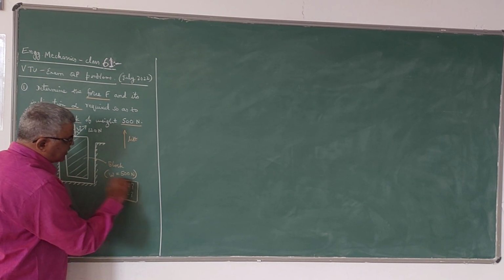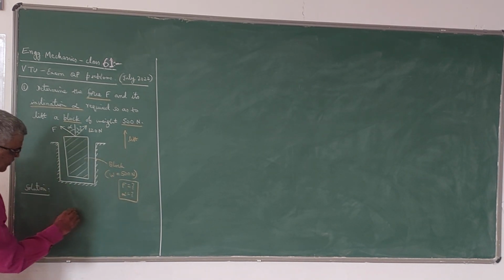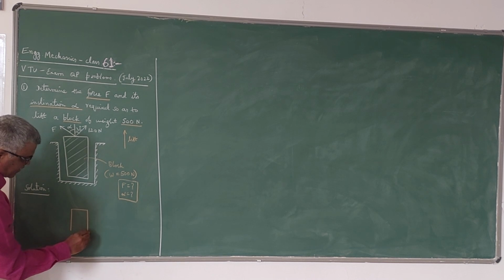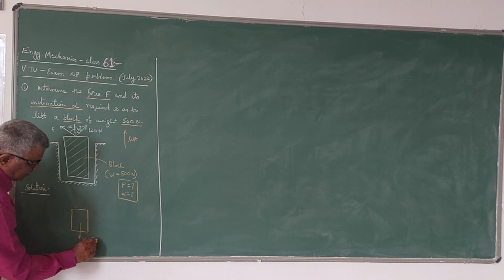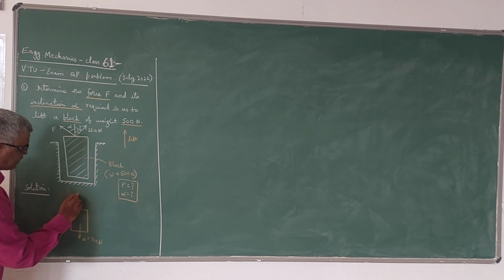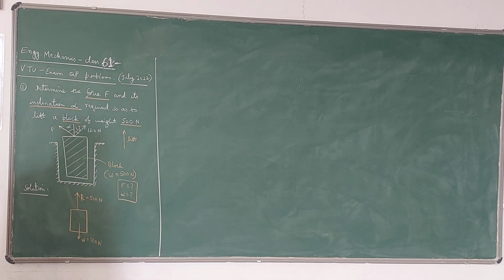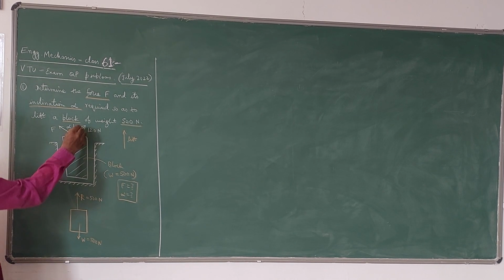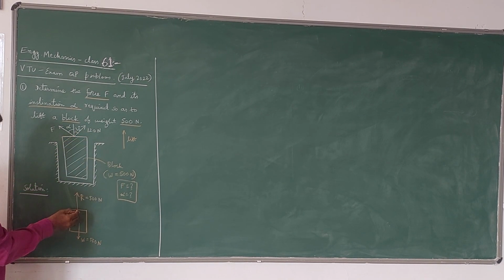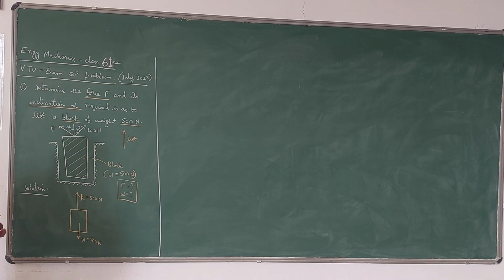That means in order to lift the block upwards, it is like this. So this is the block. Since the weight of the block is given as 500 Newton, it has to be lifted with a resultant force of 500 Newton, which is acting in the opposite direction. Now the 120 Newton force and also the force F have to be resolved.